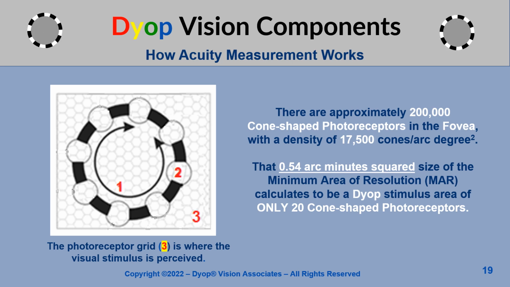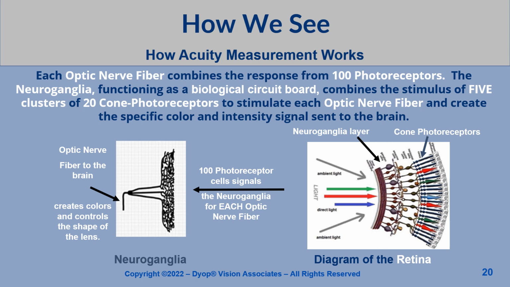That 0.54 arc-minute square size of the minimum area of resolution calculates to be a Dyop stimulus area of only 20 cone-shaped photoreceptors.